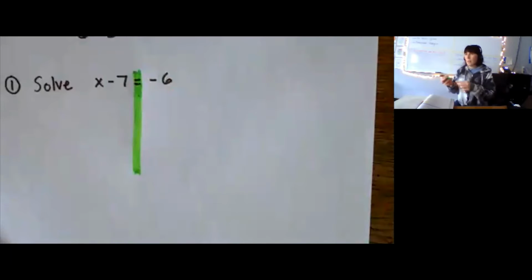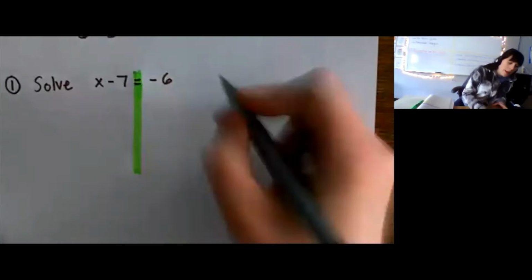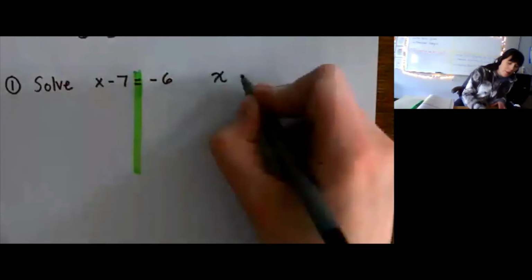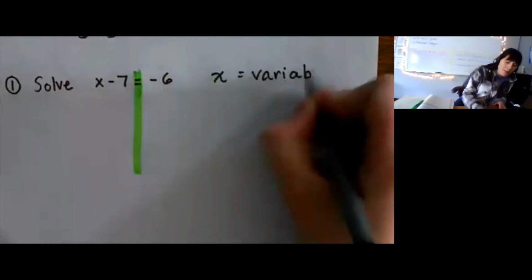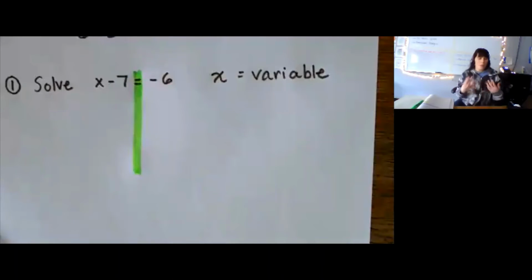So on one side, we have x minus 7. And on the other side of the equation, we have negative 6. X is our variable, and that is what we need to solve for. So we need to isolate the variable or get x by itself.